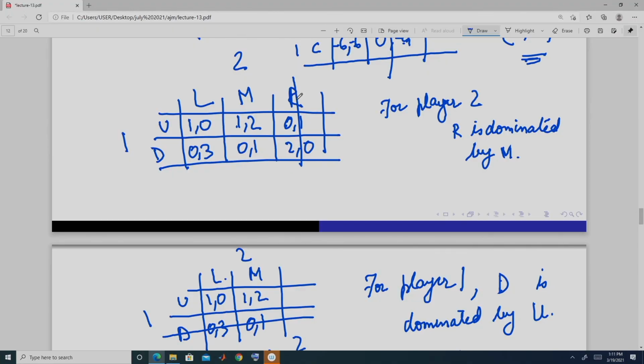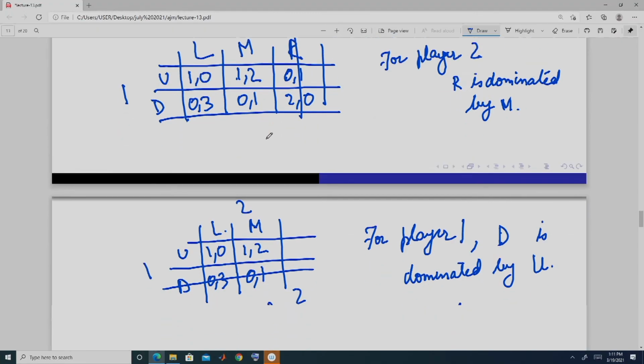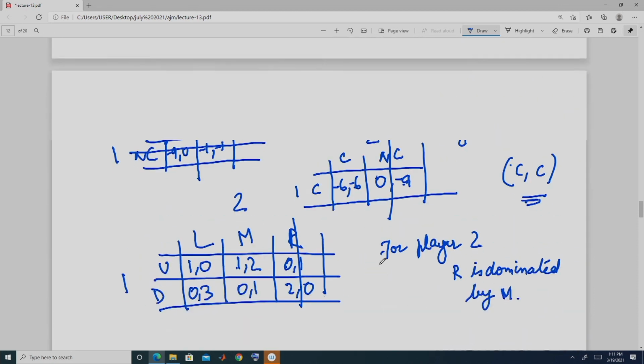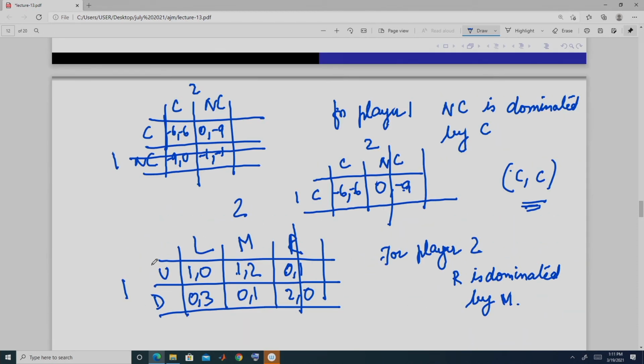So, player 1 knows that player 2 first is going to remove this, and then player 2 is also going to remove this, and then player 2 again is going to remove this, and it is going to end up having this outcome.